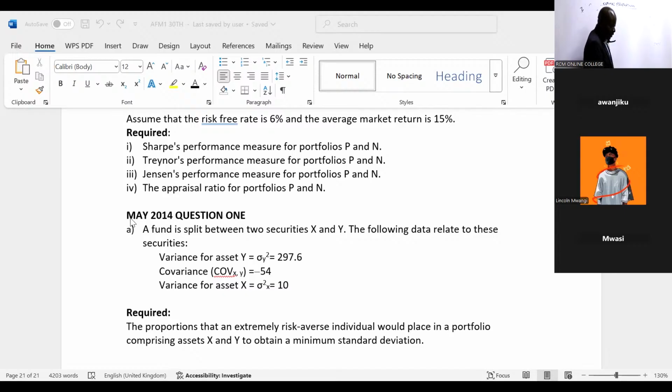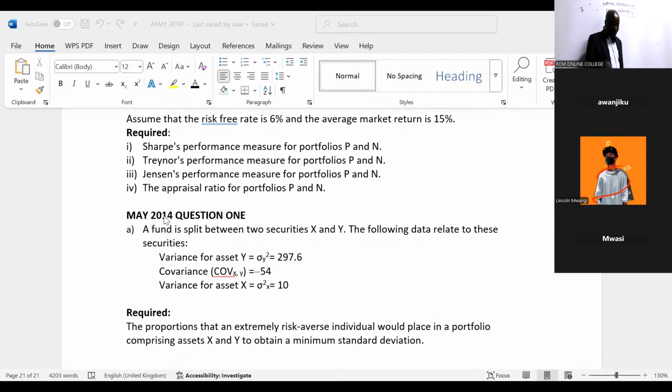What do we have there? May 2014, question number 1. From that handout I've just sent, the very last question on the last page.